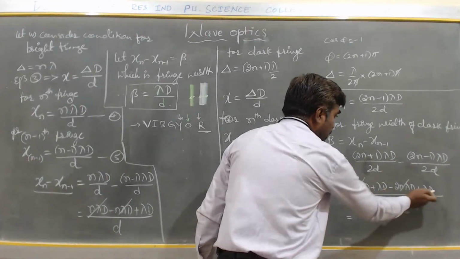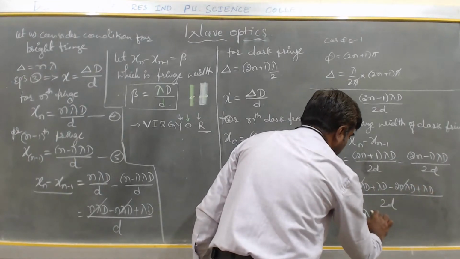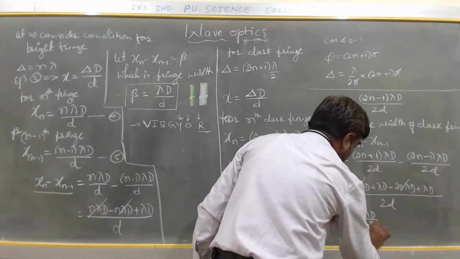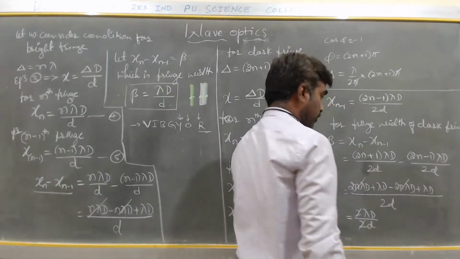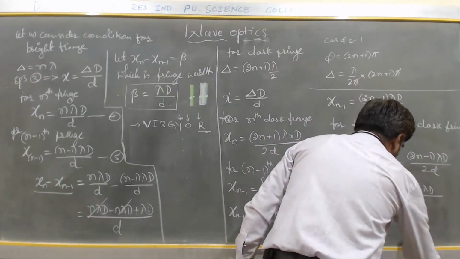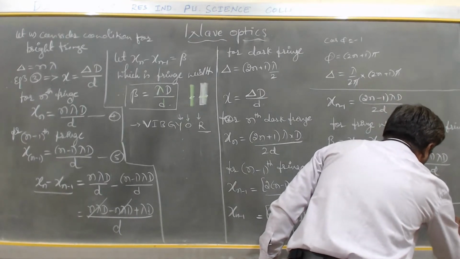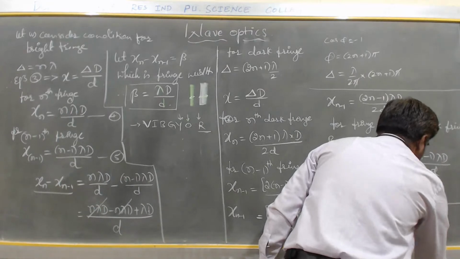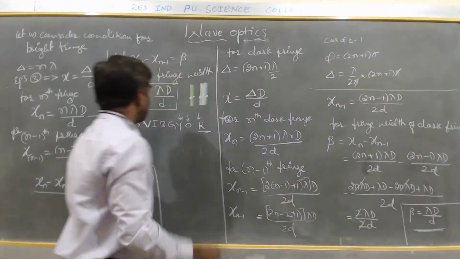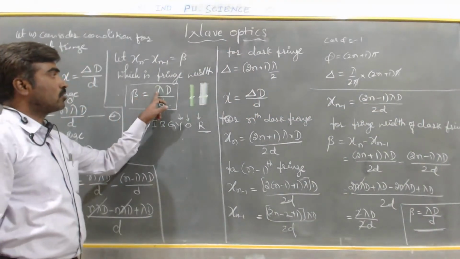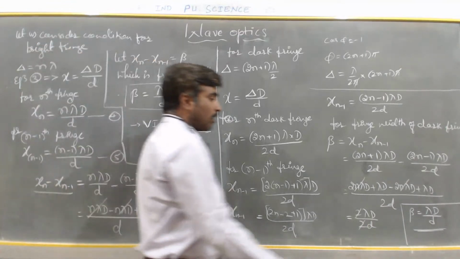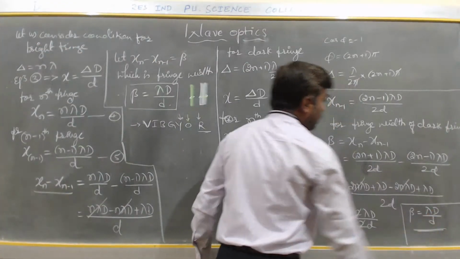Here lambda D plus lambda D is 2 lambda D divided by 2d, and the 2s get cancelled. Hence the final equation for beta I will get as lambda D divided by d, which is the same as that of the bright fringe. Beta equals lambda D by d. Here also beta equals lambda D by d.